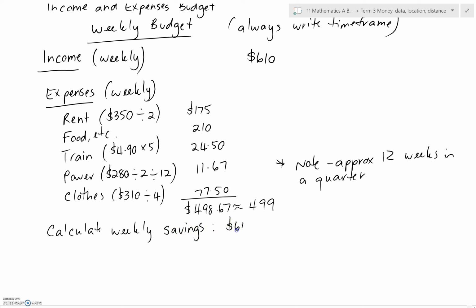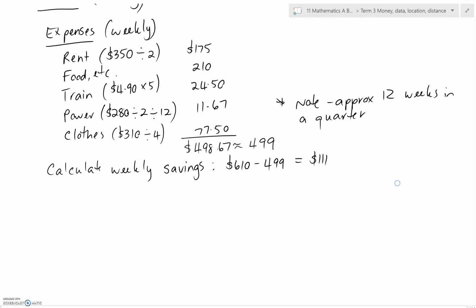So that's going to be our income amount minus our expenses, or $111 per week. We can use this to calculate our yearly savings. If we remember, and we need to, that there are 52 weeks in a year. So $5,772 is the amount of money she can save in a year.